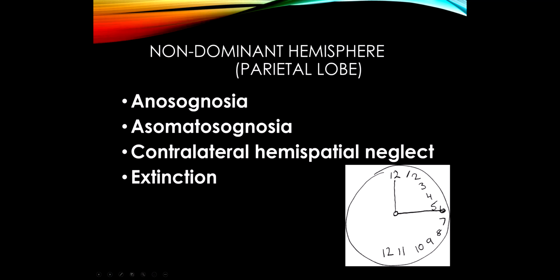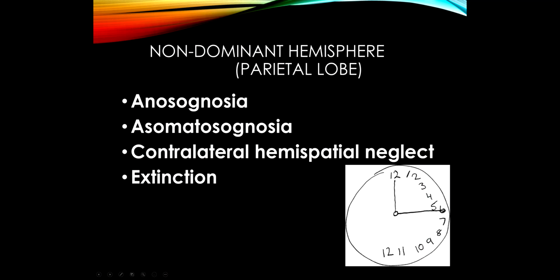Recall that if we have a right MCA stroke, that now the patient has all these features of denial of illness, denial of the involved body parts that are involved in the stroke. They have a contralateral hemispatial neglect, so you ask them to draw a clock or something, and they don't put any details here on the left side.